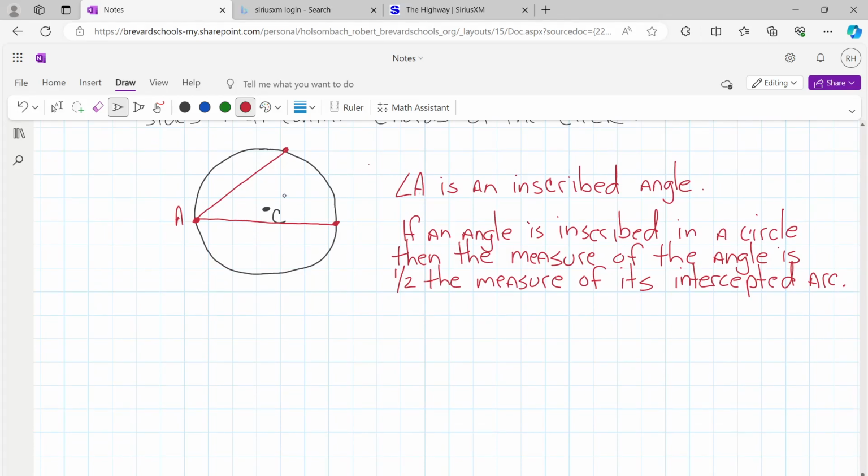So if we go back to this circle, we add points B and D. This inscribed angle formed this arc BD right here. That's its intercepted arc. And what this theorem says is that the measure of angle A is equal to 1/2 the measure of arc BD.